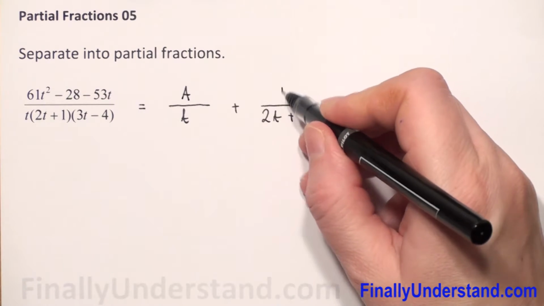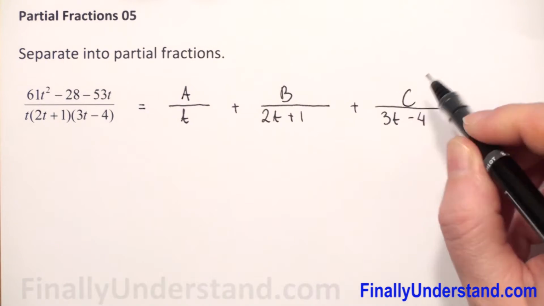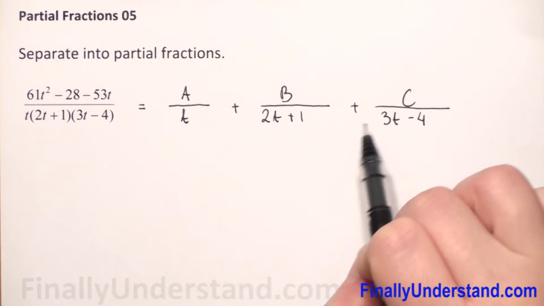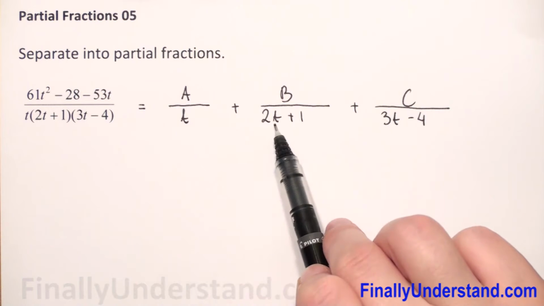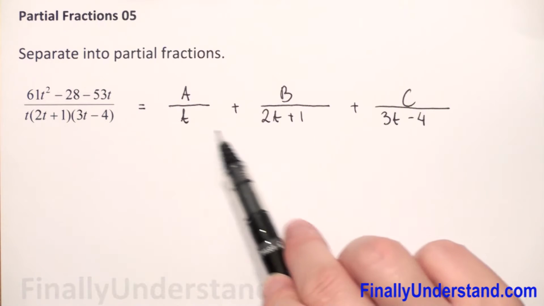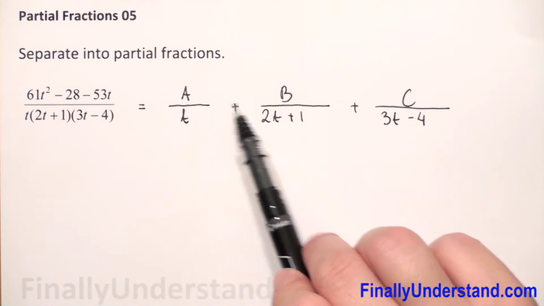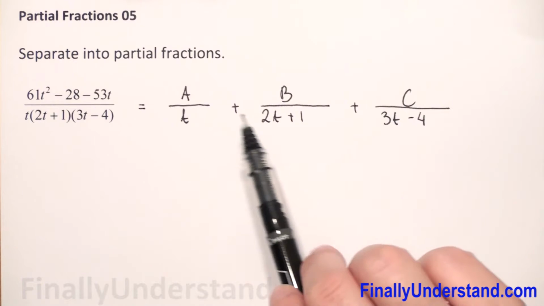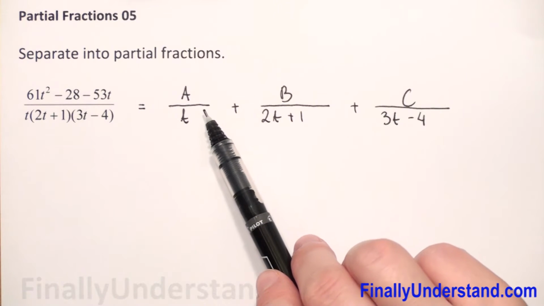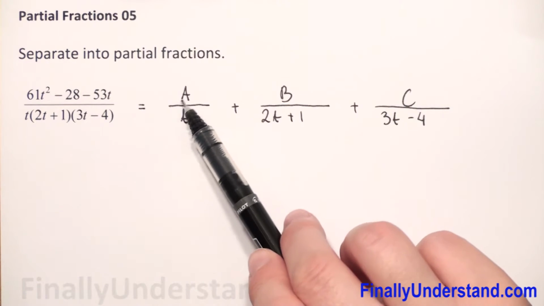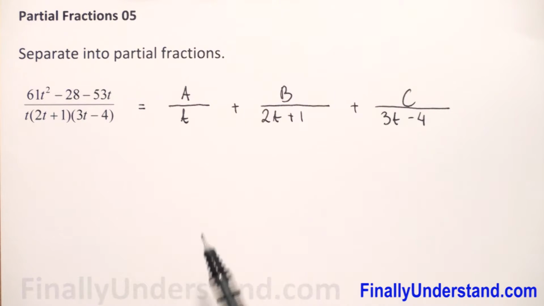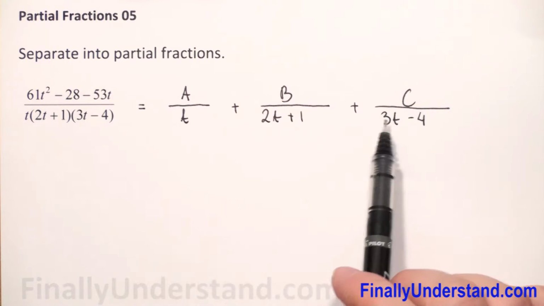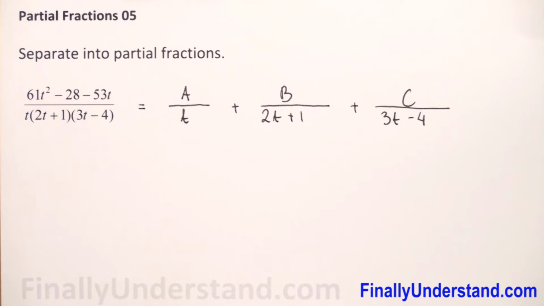You can write A, B, C. The power of the numerator always must be less than the power of the denominator. When we have t to first power in the denominator, in the numerator we have t to 0 power, so t to 0 power is 1, so we don't have t's. So our constants A, B and C are our unknowns.